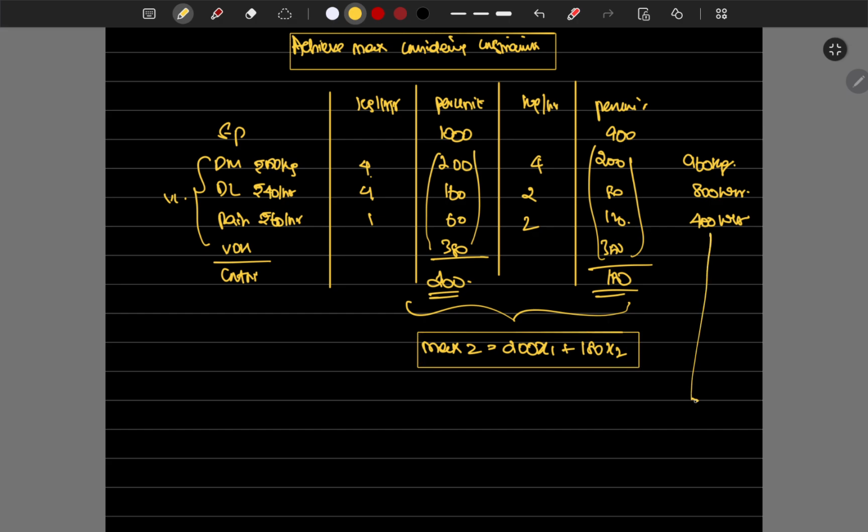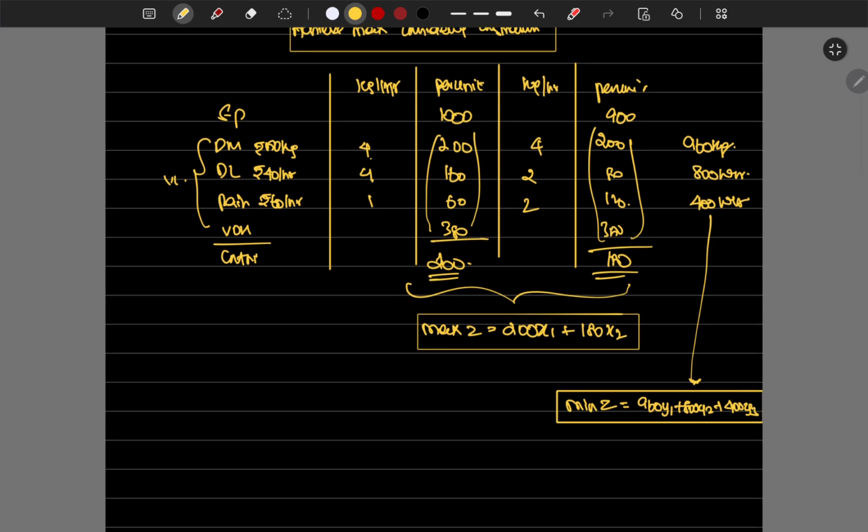If it is in case of reducing the materials and hours, we have to formulate minimization of z equal to 960y1 plus 800y2 plus 400y3.